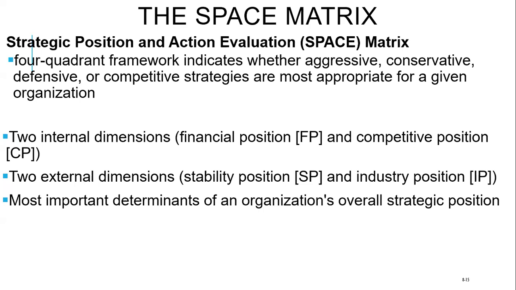So, typically speaking, financial position of an organization is usually rated using a Likert scale of 1 to 7. So it is rated between the range of +1 to +7, where higher score suggests that the company has a better financial strength.